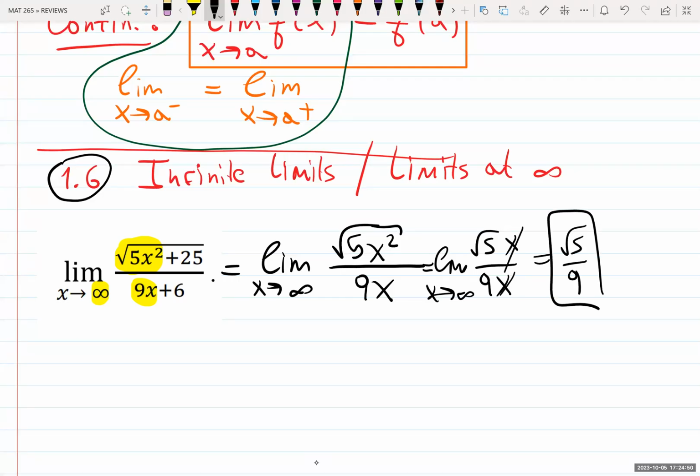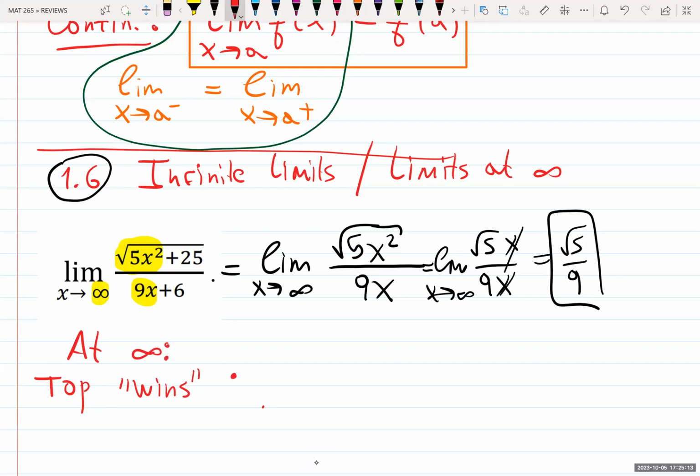So in general, I teach this idea. At infinity, you find the leader of the top and the leader of the bottom.